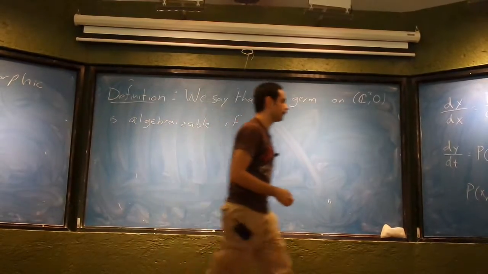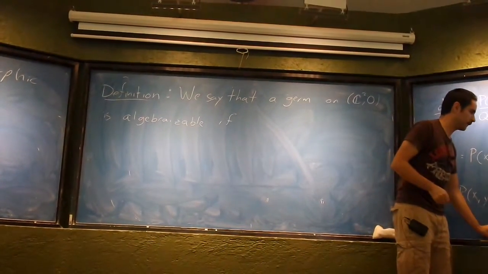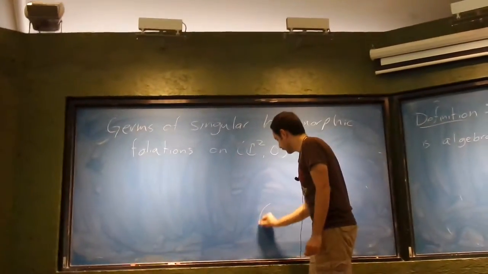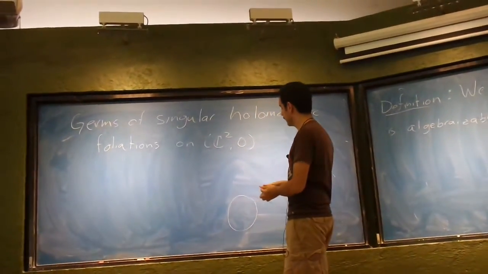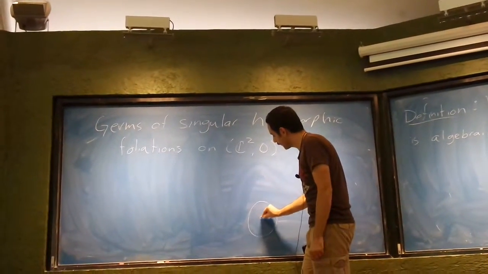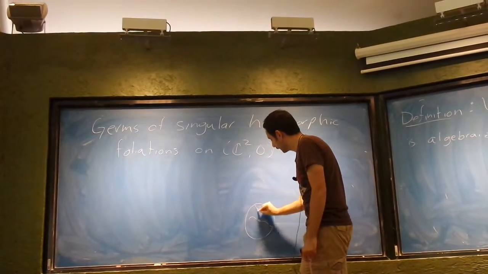Okay, probably I'll draw a picture first and then give the definition. So we have some germ defined in some open neighborhood, and a foliation, a singular foliation, probably looks something like this.